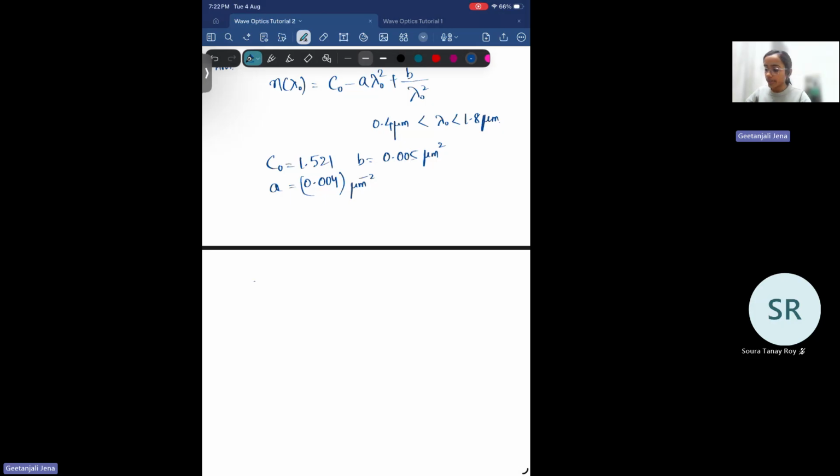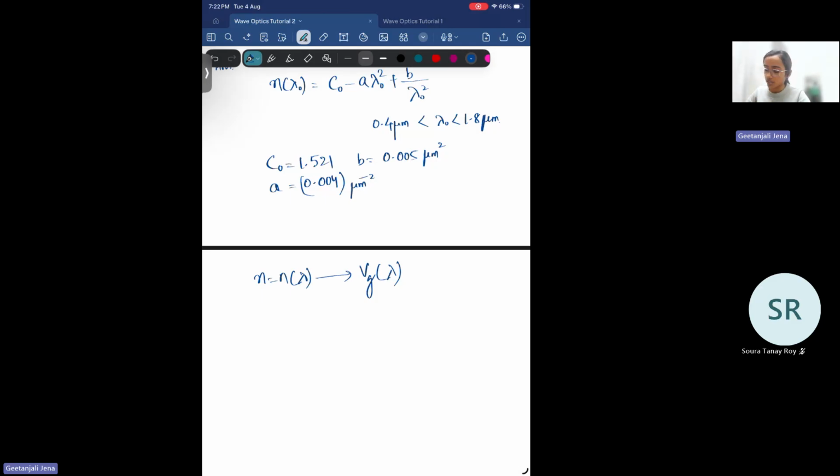Because of this dependency of refractive index on wavelength, the group velocity now depends on wavelength. Because of this, we see material dispersion in the medium. To quantify this material dispersion, what will happen in this material?